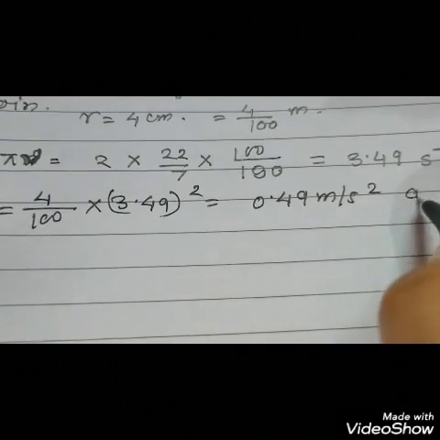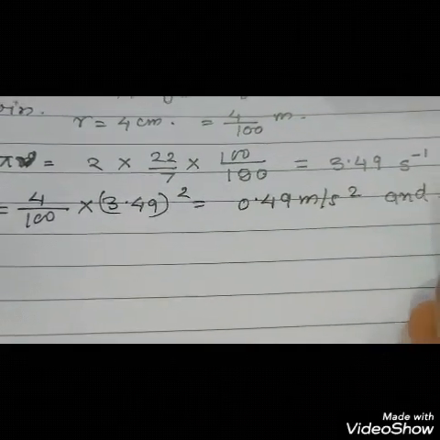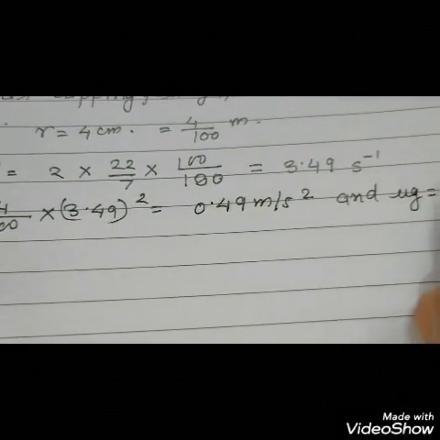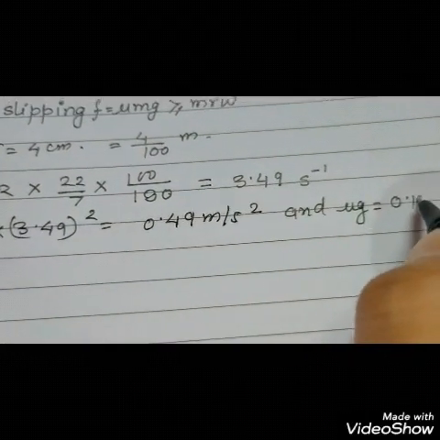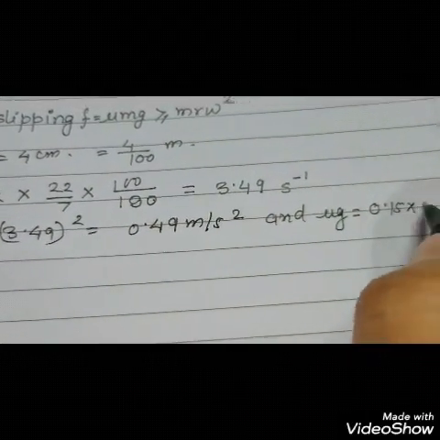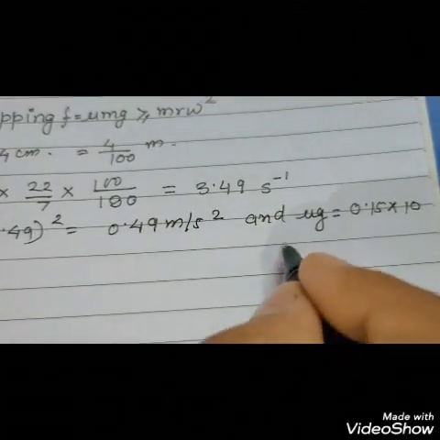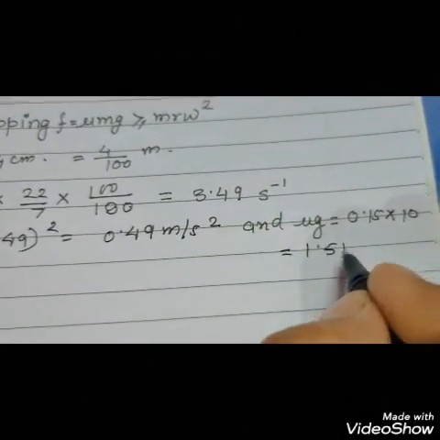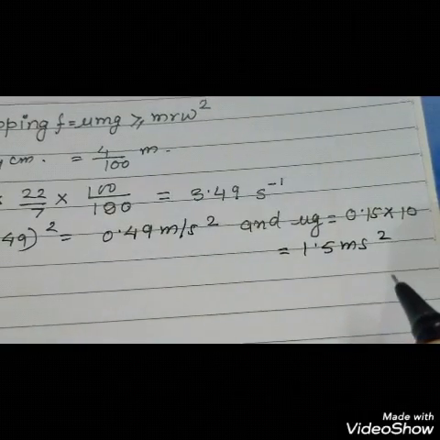And mu g is 0.15 into 10, which is equal to 1.5 meter per second square.